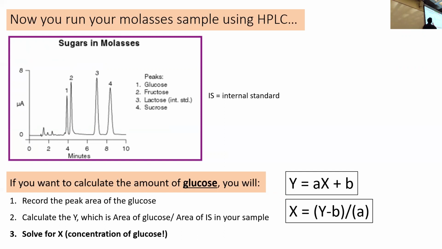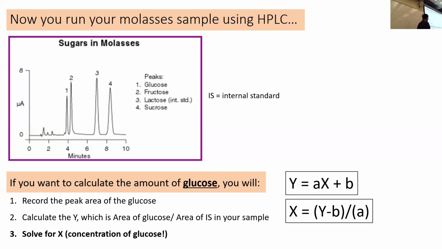Your y is the area of glucose over the area of lactose, the area of fructose over the area of lactose, the area of sucrose over the area of lactose. That would be your y. Then you can determine the concentration.